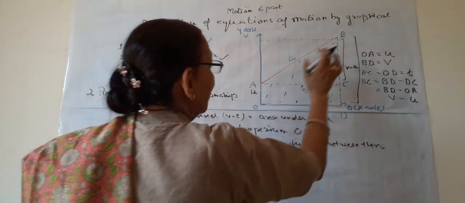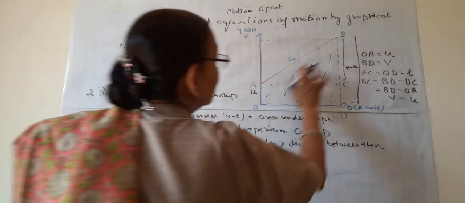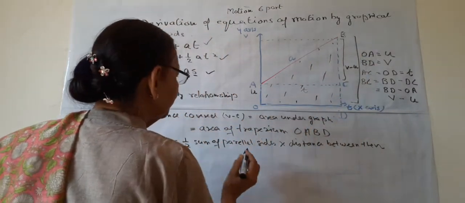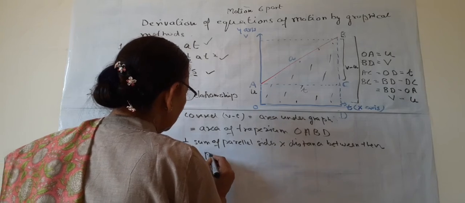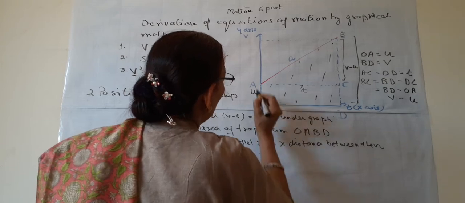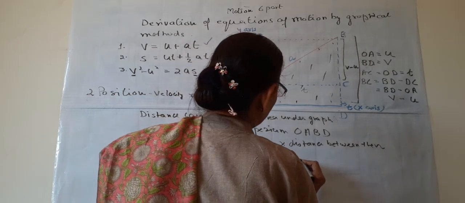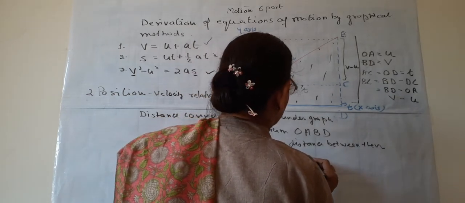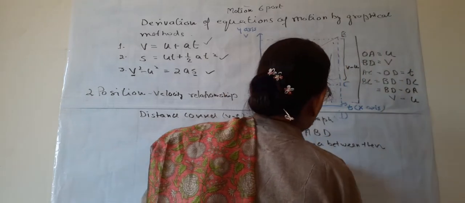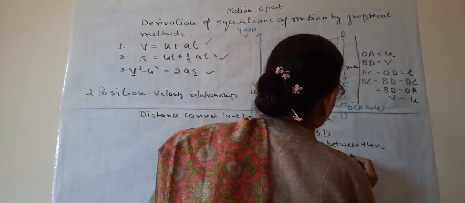So the parallel sides in this trapezium are OA, which is u, plus BD, the other parallel side, which is v.